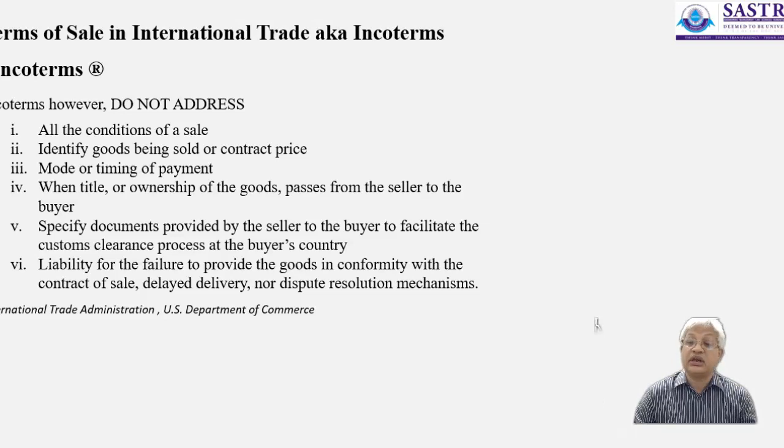It only refers to the obligation and who is responsible. Like, if the goods are loaded in the ship, certain terms of sale say that once the goods are loaded and if the goods get damaged after getting loaded, let's say there's a fire outbreak in the ship, then who is obligated?